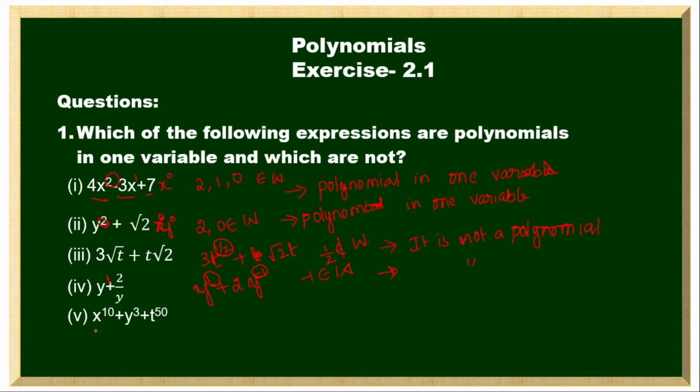The same way, x to the power of 10 plus y cube plus t to the power of 50. Here, it's a polynomial because the degrees 10, 3 and 50 are whole numbers. But here we have 3 variables: x is one variable, y is one variable, t is another variable.